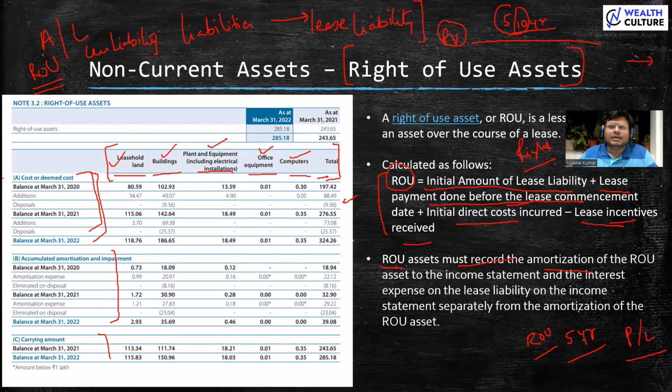Like I said, the lease liability will come on the liability section, and the ROU will come on the asset section. The ROU is depreciated in the P&L, and the lease liability is shown as interest expense in the P&L. That's the P&L treatment of these two items.